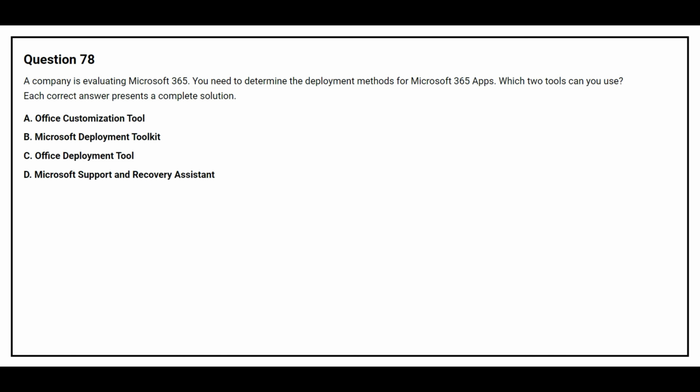Question number 78. A company is evaluating Microsoft 365. You need to determine the deployment method for Microsoft 365 apps. Which two tools can you use? Option A. Office Customization Tool. Option B. Microsoft Deployment Toolkit.